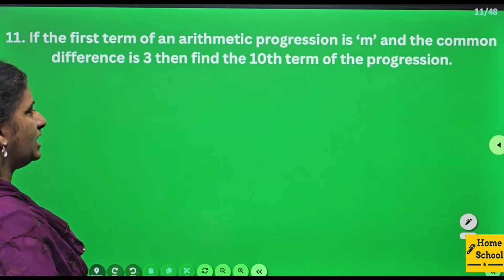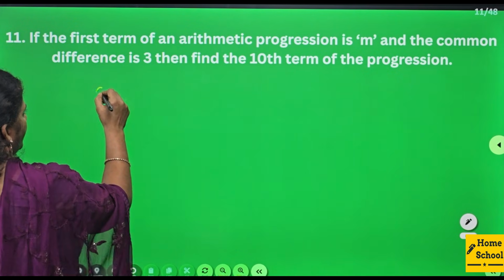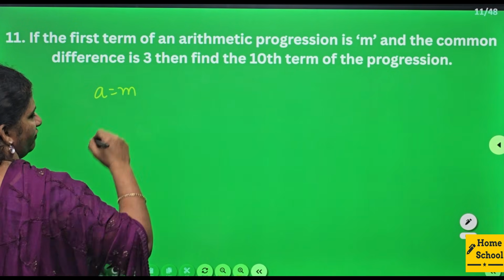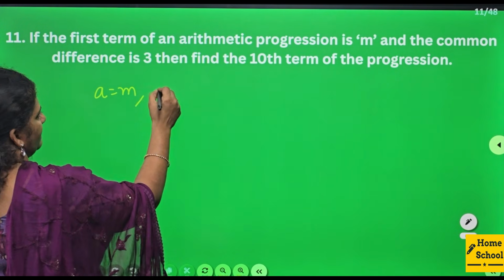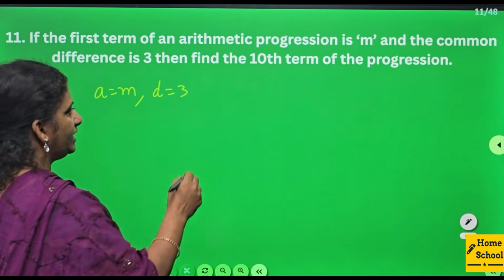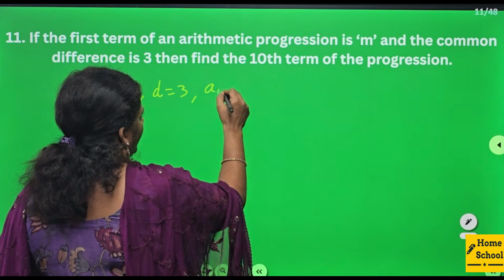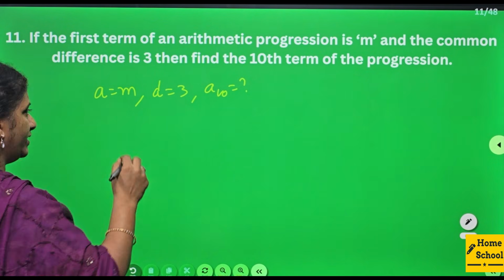If the first term of an arithmetic progression is m, that is a is equal to m. First term a is equal to m. And the common difference is 3. D equal to 3. Then find the 10th term of the progression. A10 is equal to question mark. We know formula. What is that?